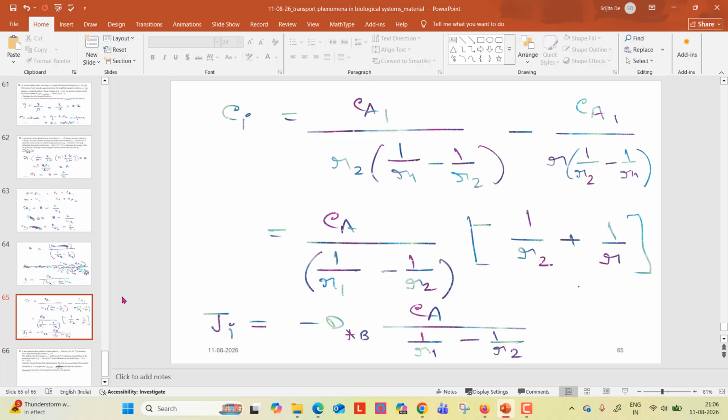So it will be minus, again minus, so it will be simply 1 by r square.